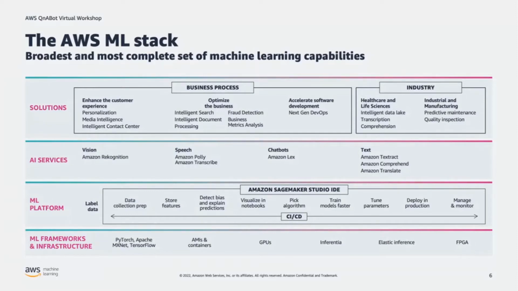Above the machine learning platform, we also have our AI services, and these are what QnABot is mostly built with. So, for example, Amazon Lex, our chatbot service, and Amazon Polly, our service to go from text to speech. On top of the AI services, we have our AWS solutions, such as QnABot, that are built on all of the services and components that we see here.